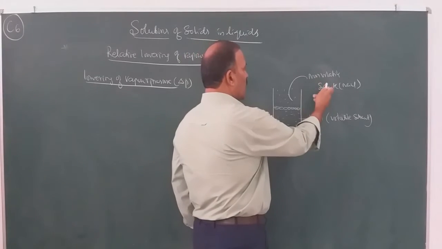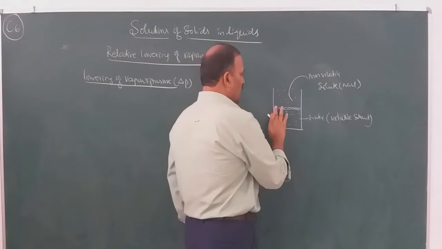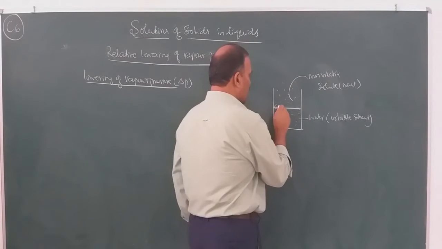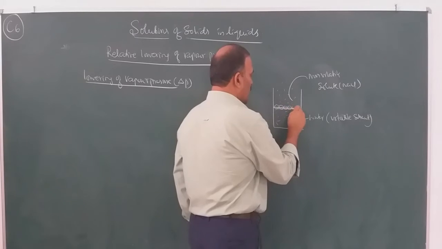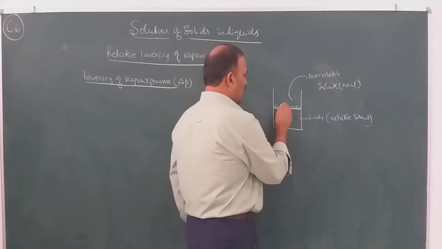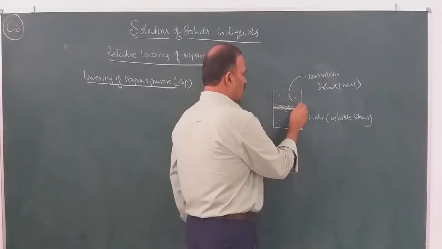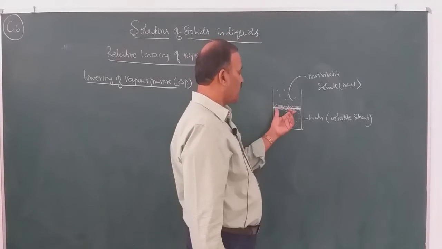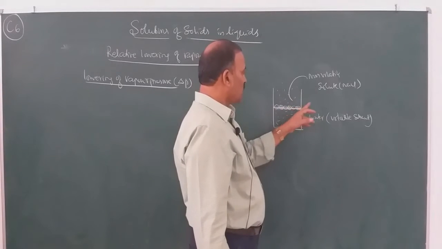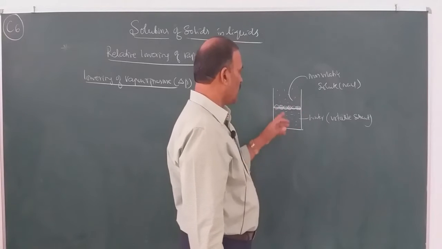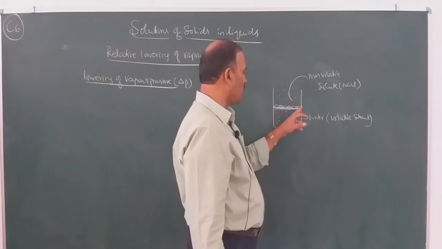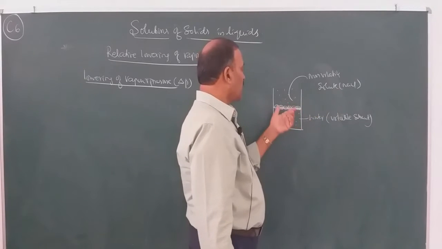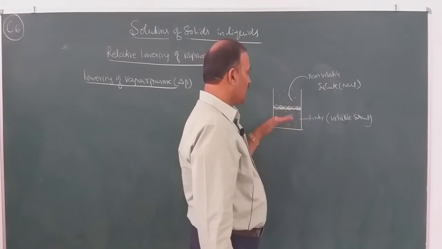Suppose a non-volatile solute is added into this solvent, namely water. What happens? The surface molecules consist of not only molecules of water, there are some molecules of sodium chloride also. Before, there were 6 molecules of water, so evaporation was more. Now there are only 3 particles of water and the remaining 3 are molecules of sodium chloride, so the vaporization decreases.